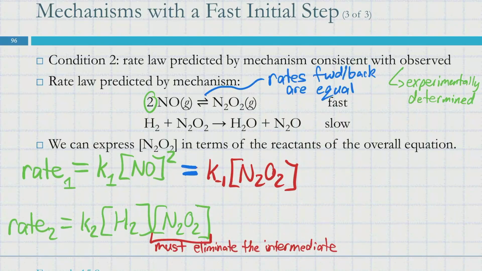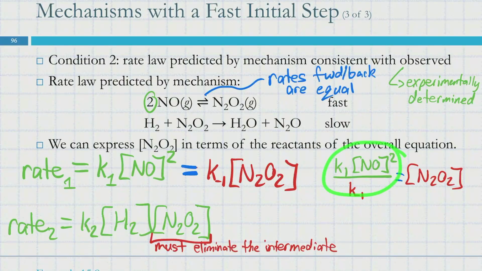So rewriting that first step, we can write it as K1 NO squared over K minus 1, and that's equal to the concentration of N2O2. And then we can substitute this in for our N2O2.